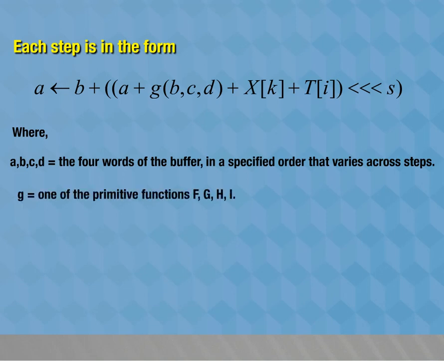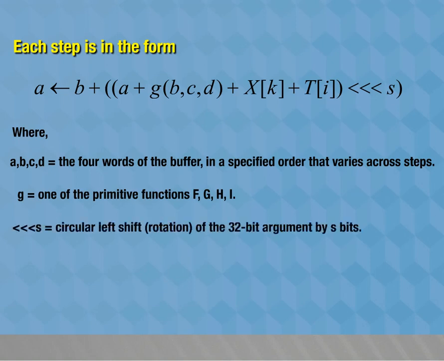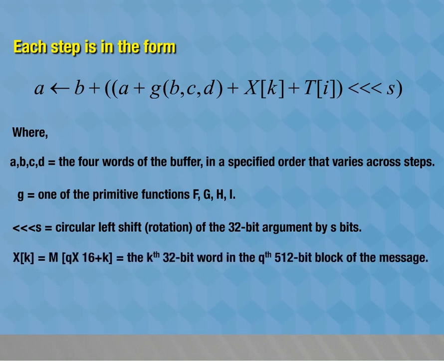g is equal to one of the primitive functions F, G, H, I. <<< s means circular left shift rotation of the 32-bit argument by s bits. X[k] is equal to M[q x 16 + k], the kth 32-bit word in the qth 512-bit block of the message.